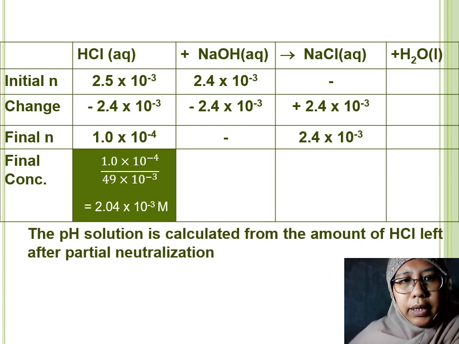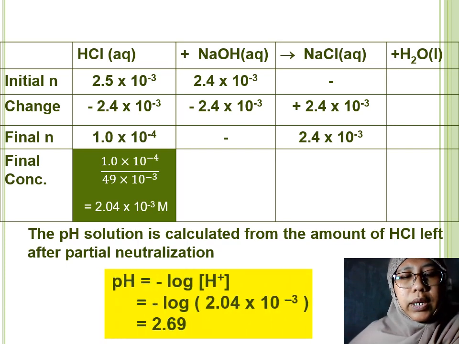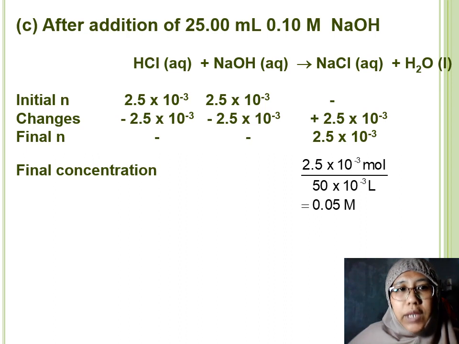The pH of the solution now is calculated from the amount of hydrochloric acid left after partial neutralization. This is not yet the endpoint. So we use the negative logarithm of H plus and we got 2.69. For C, what happens if we add the same amount of sodium hydroxide, 25 ml?